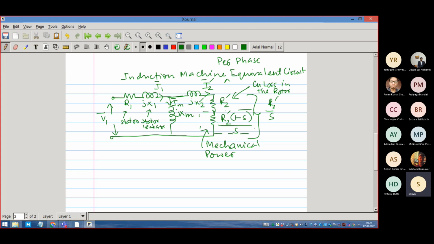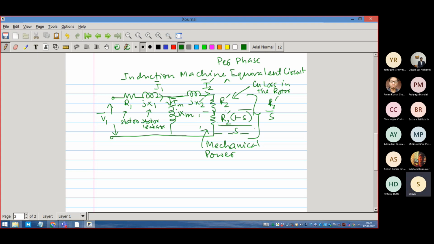And the resistance is such that the amount of mechanical power that would be available from the machine is given as if a loss has happened in an equivalent resistance whose value is R2 dash into 1 minus S by S. That is what it means, right?